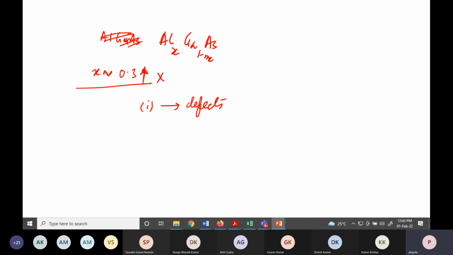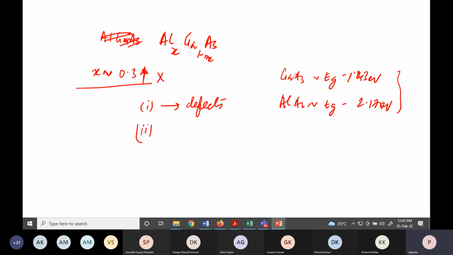Second point is, aluminum arsenide has a much higher band gap compared to gallium arsenide. Gallium arsenide has Eg around 1.43 electron volt, that we saw yesterday, whereas for aluminum arsenide the Eg is 2.17 electron volt.